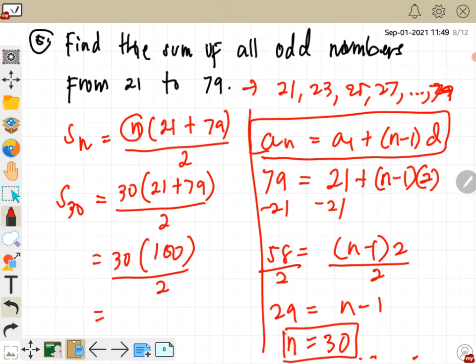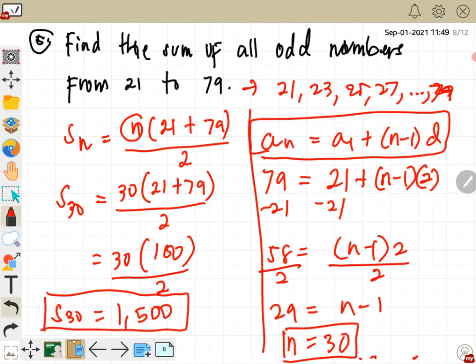So this is 1,500. Fifteen times 100 is 1,500. So if you're going to add the odd numbers from 21 to 79, we have 1,500. So next problem.